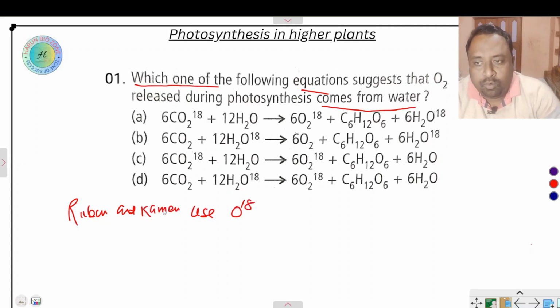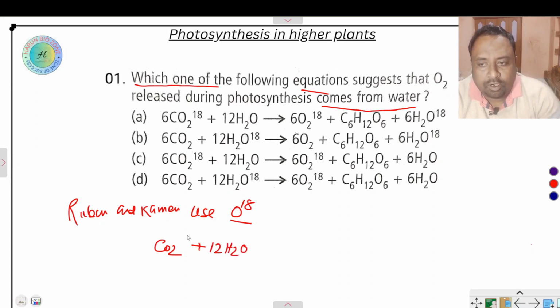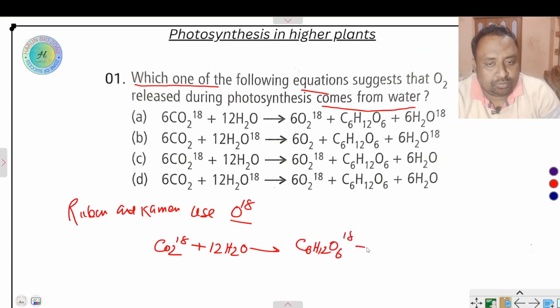When they radio-labeled the oxygen of carbon dioxide, they showed that this oxygen is found in C6H12O6, the sugar, and so normal oxygen is produced.